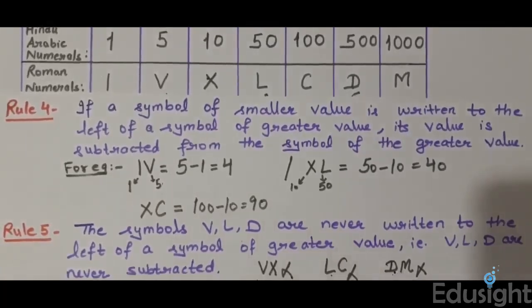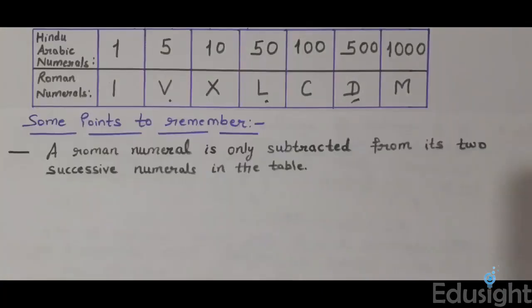So with this we have studied 5 rules to write the Roman numerals. Now let us discuss more about Roman numerals. There are some points to remember. A Roman numeral is only subtracted from its two successive numerals in the table.